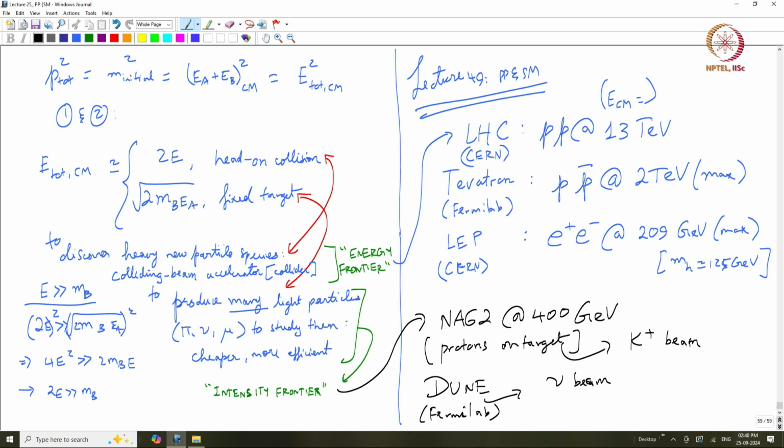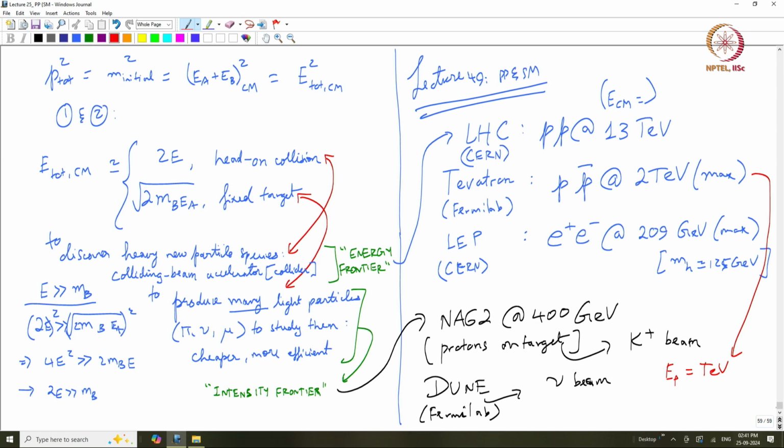Now, to again illustrate using some real examples the difference between the center of momentum head-on collision configuration and the fixed target configuration. At the Tevatron, the energy of each beam was 1 TeV, right?